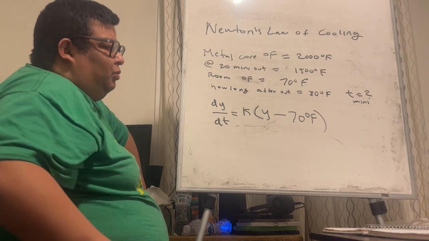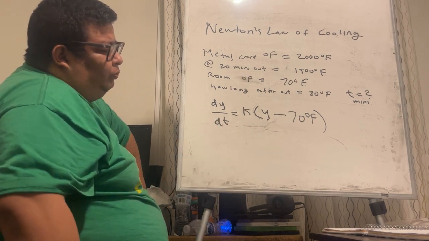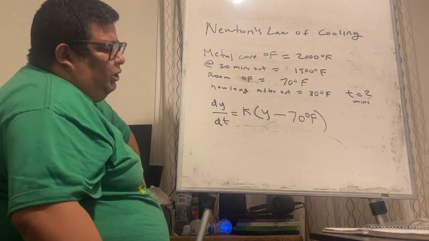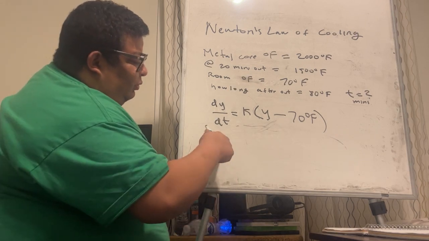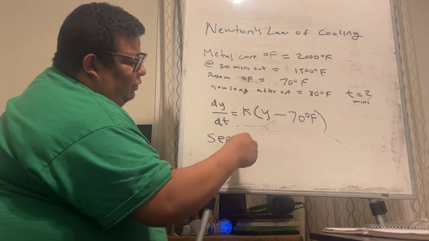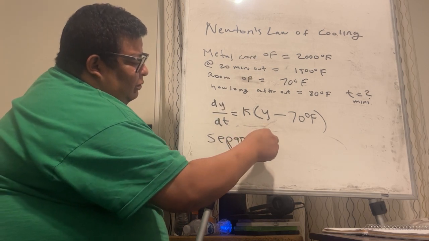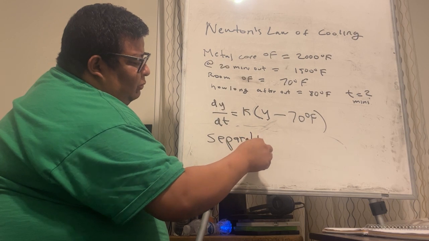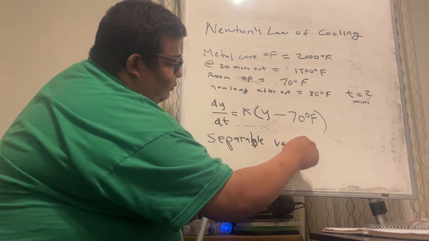Alright, so to find the model, we need to use something called separable variables from calculus and differential equations.